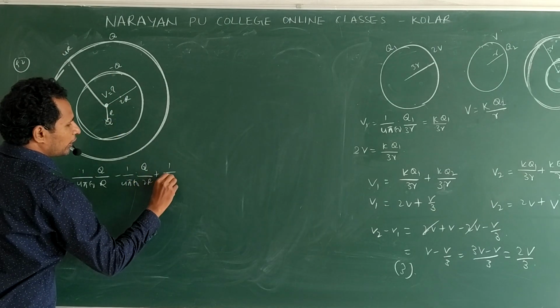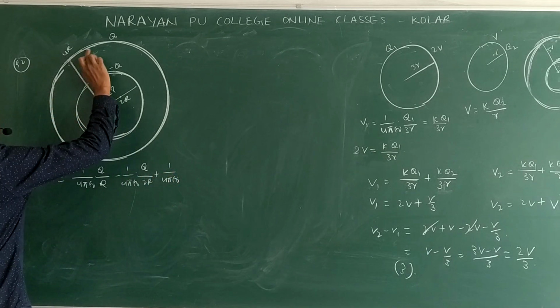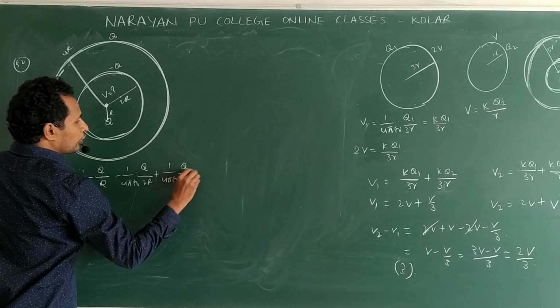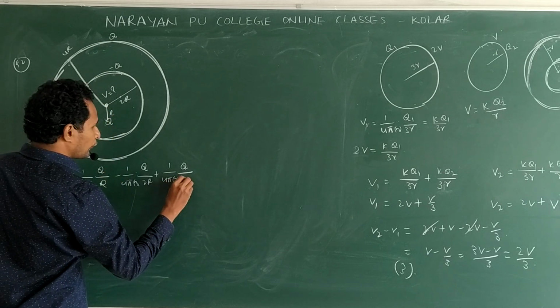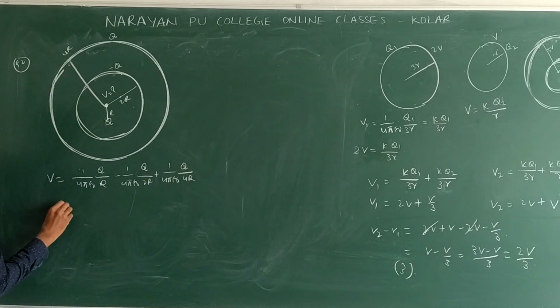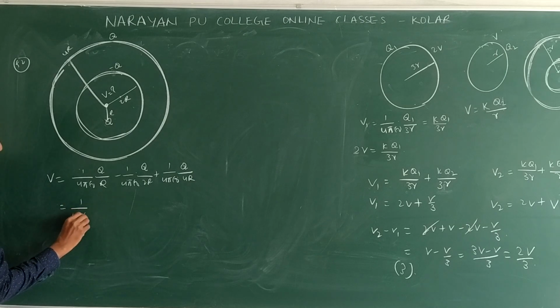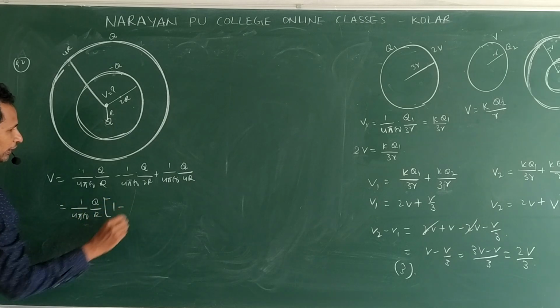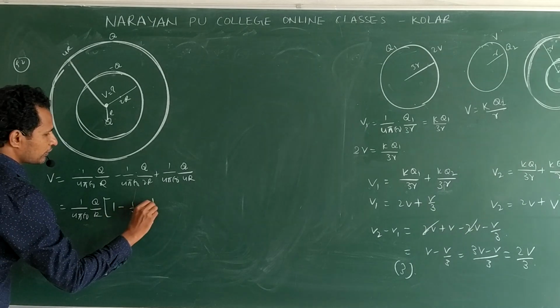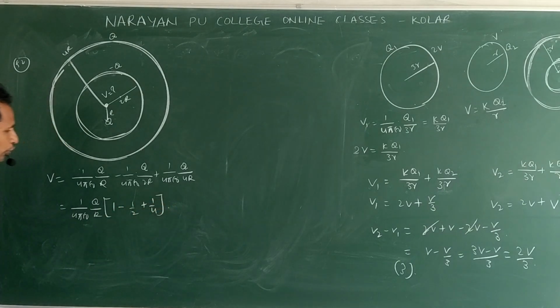Plus 1 by 4 pi epsilon naught, the final charge Q. What is the distance of Q up to the center? That is 4r. Now 1 by 4 pi epsilon naught Q by r, you take it common: 1 minus 1 by 2 plus 1 by 4.